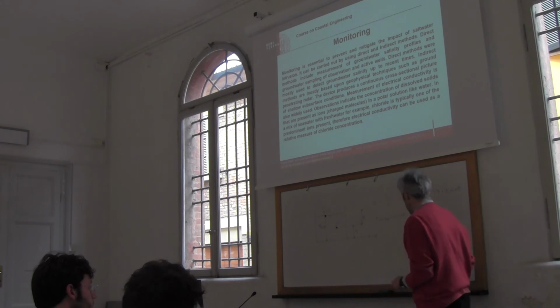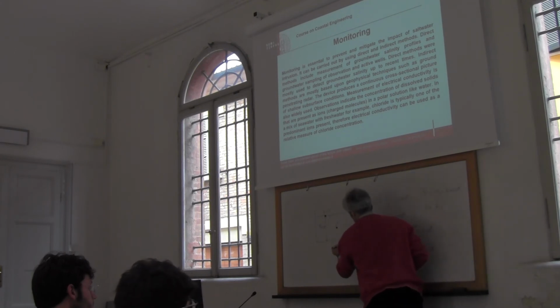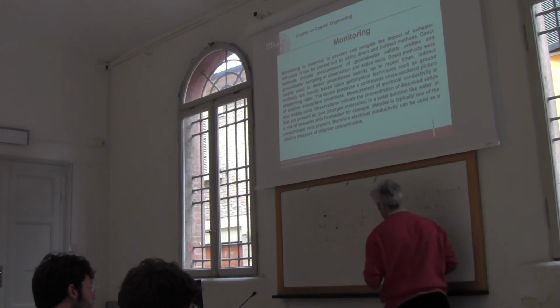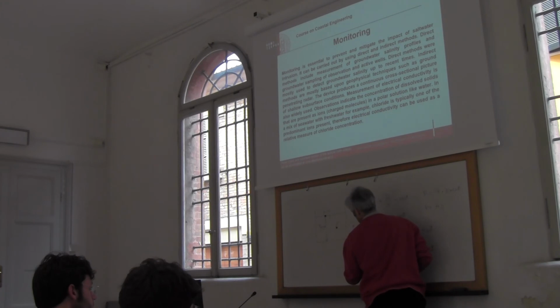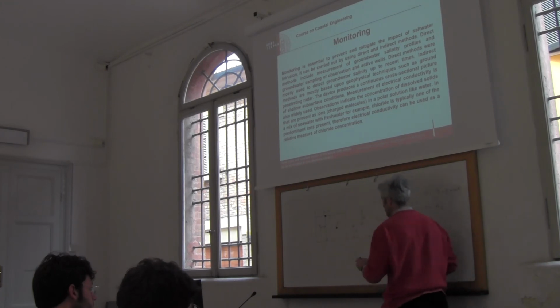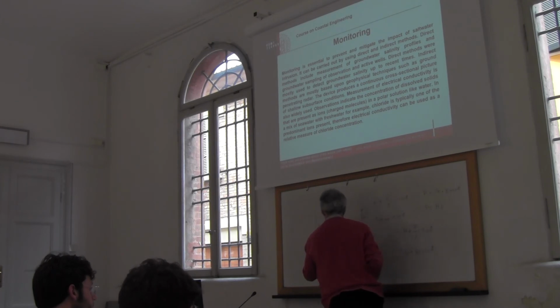So what we do typically is, let's suppose that we have land here with the sea, and this is the interface, and here we have our water table. This is the water table.